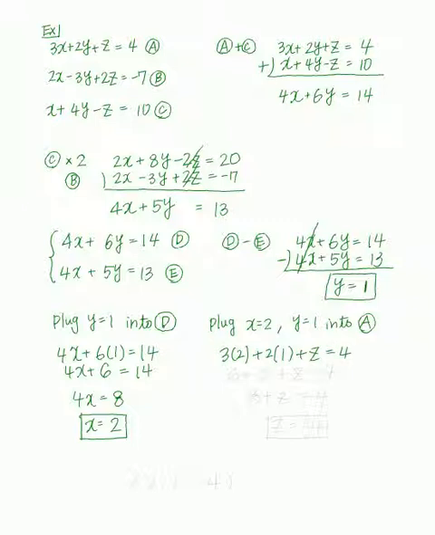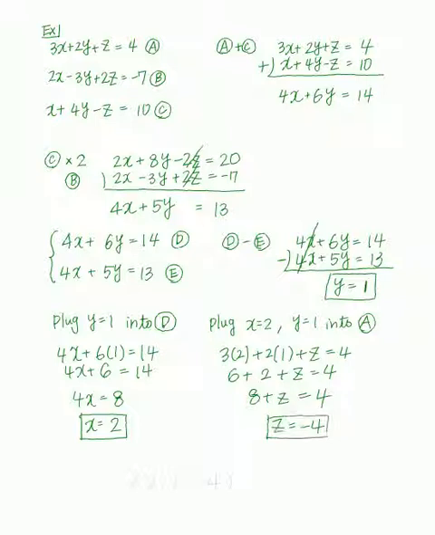And once again, I have one equation with one unknown, and I can now solve for z. I get 6 plus 2 plus z equals 4, combining my like terms. 8 plus z equals 4. Subtracting the 8, I get that z is equal to negative 4.